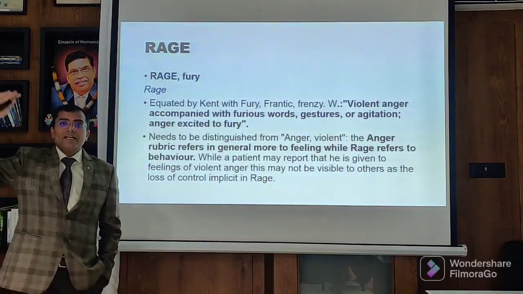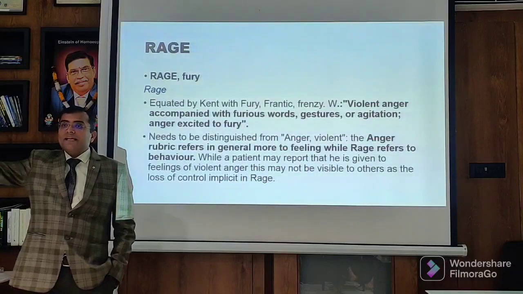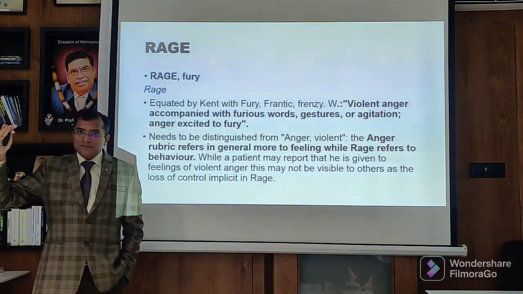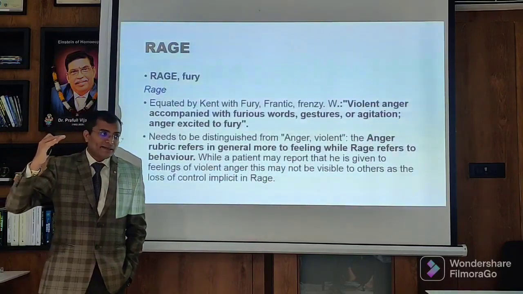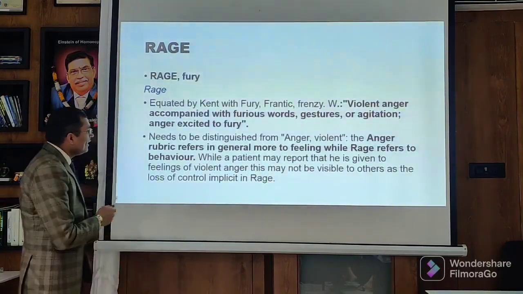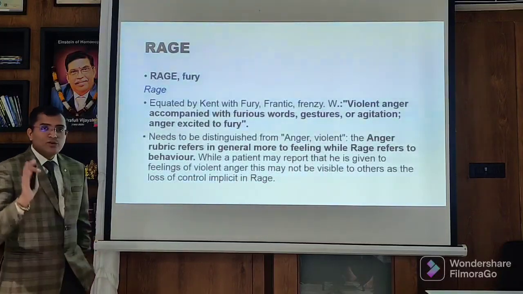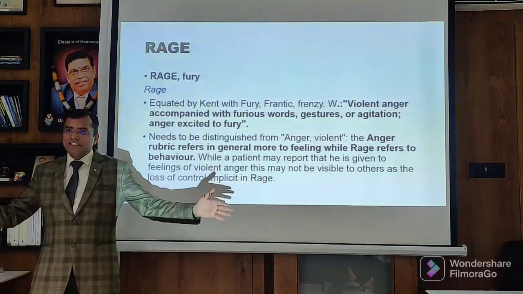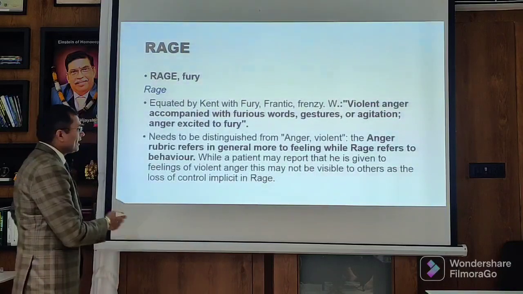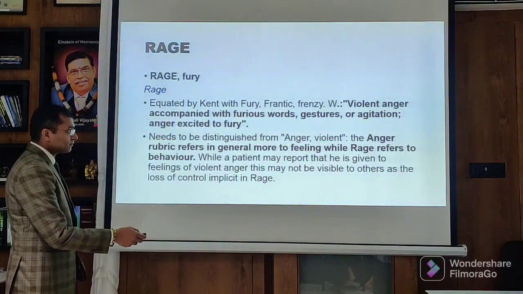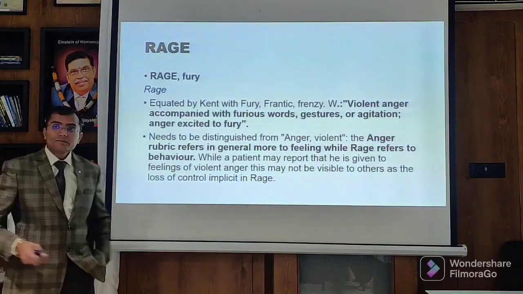Agitations, anger. So rage is beyond the action. Rage has a higher intensity in words, in gestures or in agitations of the expression of the anger. Then it needs to be distinguished from anger violent. Now you have to understand what is anger violent and what is rage and fury. The anger rubric refers more to the feeling, while rage refers to the behavior.